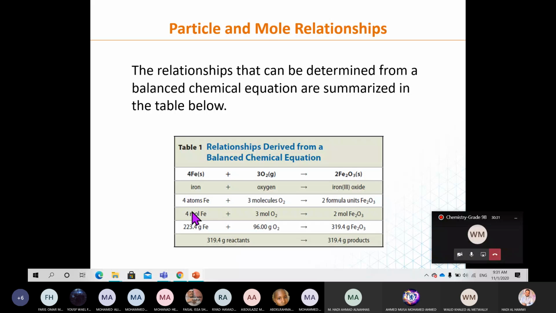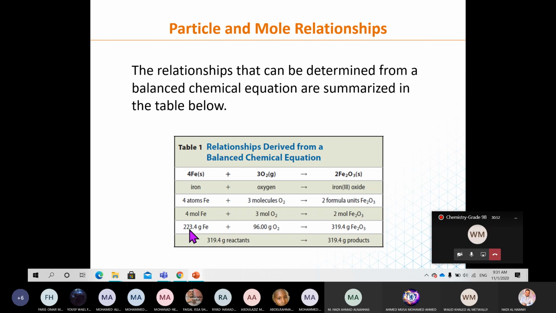So if you have a chemical equation, you just look at the coefficient. It's 4, so I have 4 moles. How can I know the mass? I'll just multiply 4 by the molar mass of Fe. You go to the periodic table, find the molar mass of Fe, and multiply it by 4.